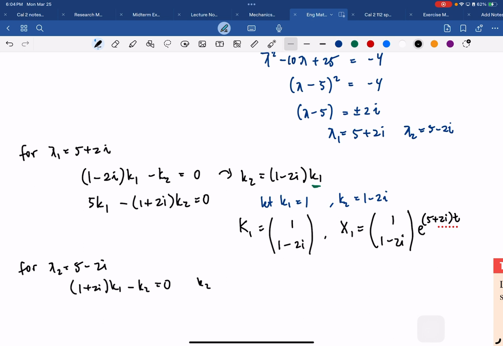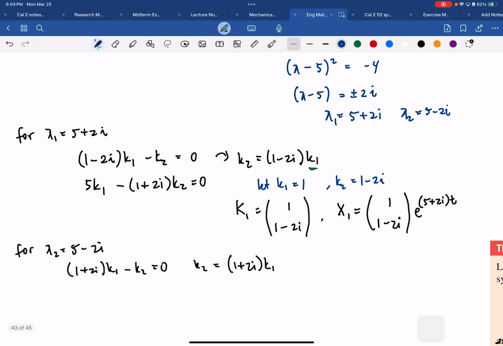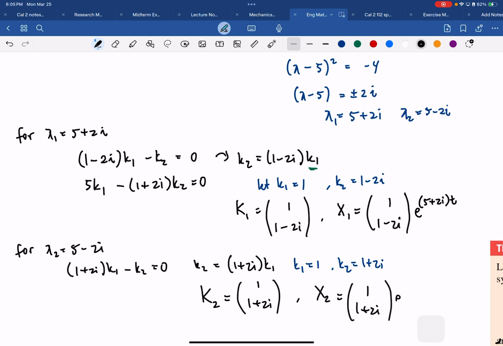So k2 equals (1 plus 2i) k1, which means if k1 is 1, then k2 is 1 plus 2i. So the second eigenvector is 1 and 1 plus 2i. Then your solution is this times e to the power of 5 minus 2i t.